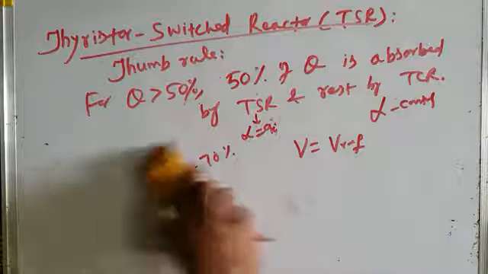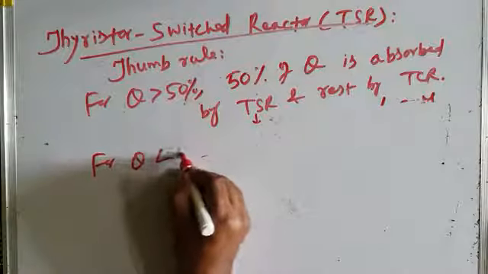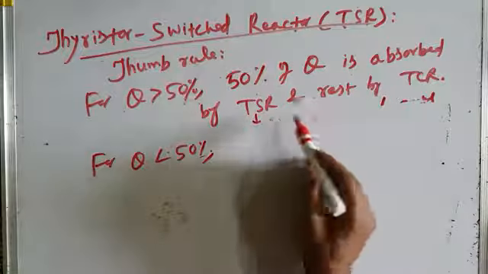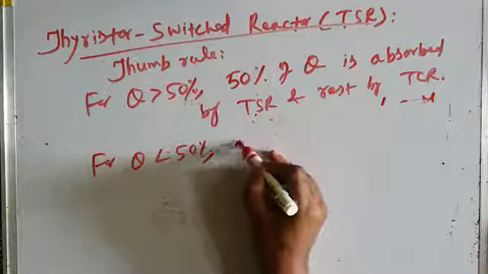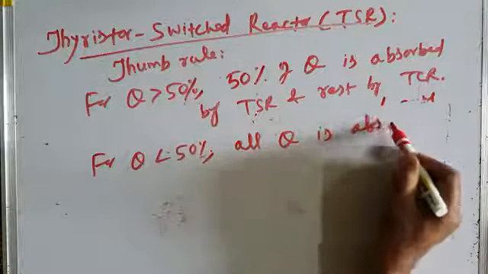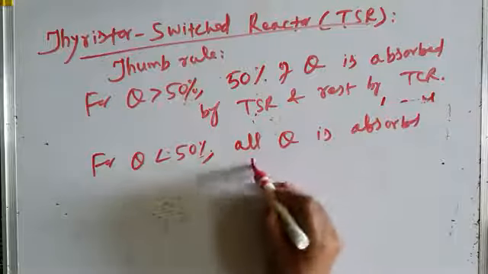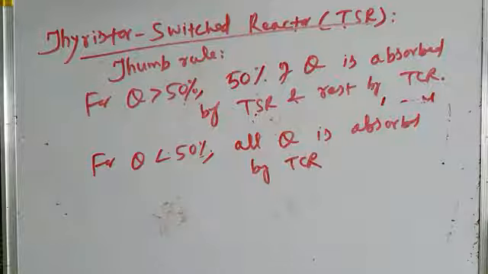Okay, on the other hand, if Q is less than 50%, then you don't need TSR. TSR will be there, but it will be completely off. Then all reactive power is absorbed by TCR. In that case, we don't need TSR operation.